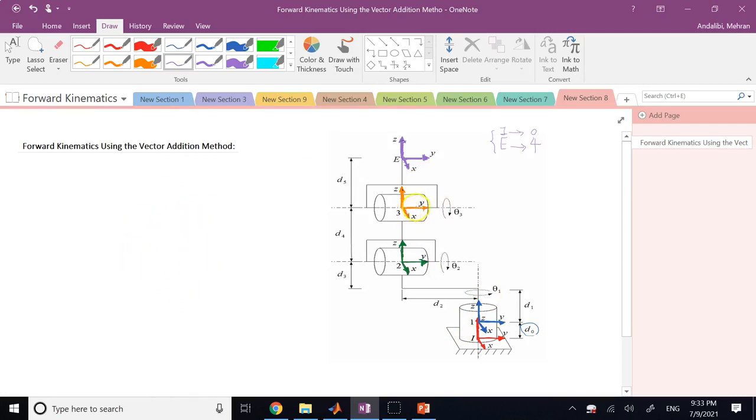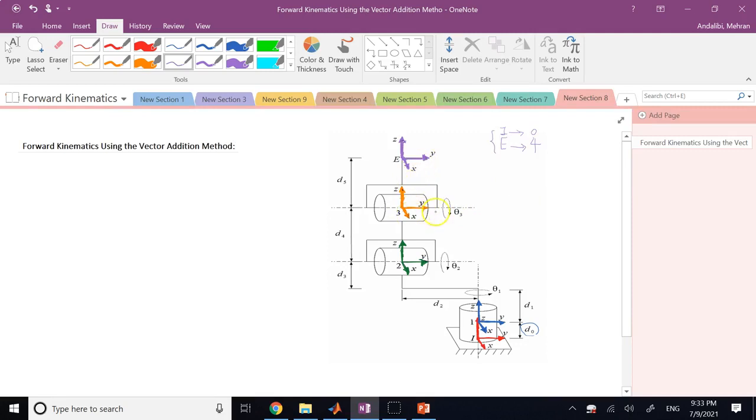So for example, if in this orange frame number 3, I change X and Y, so make X3 to the right and Y3 out of the board, and then Z3 probably has to change direction downward, then the rotation here, that is rotation about y-axis and theta 3, would be rotation about x-axis and theta 3. But since x is referring to the axis of actuation here, it doesn't matter what you call it.